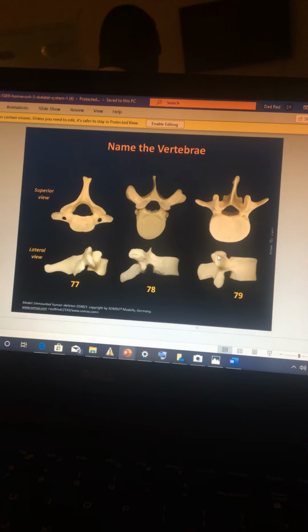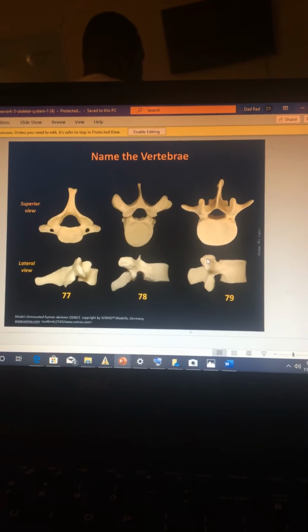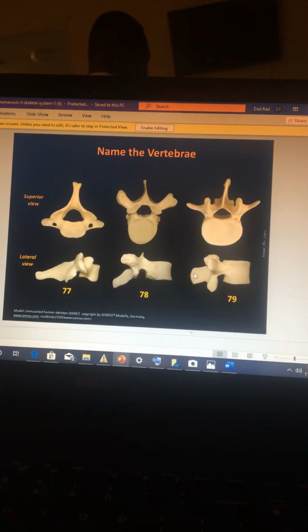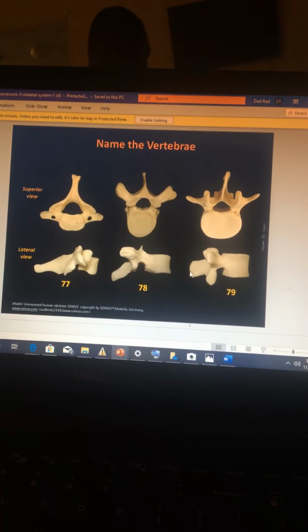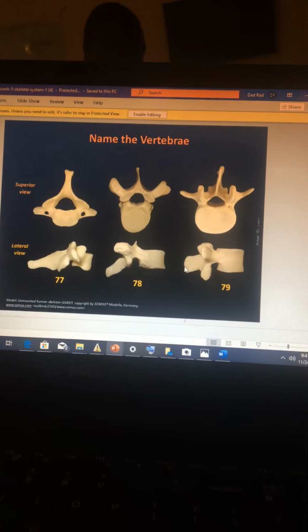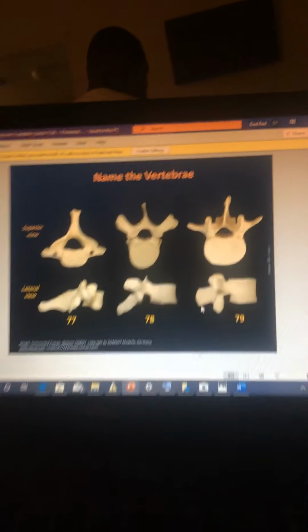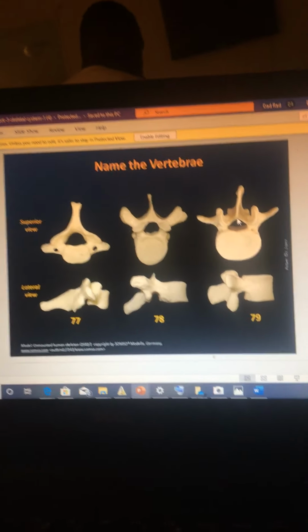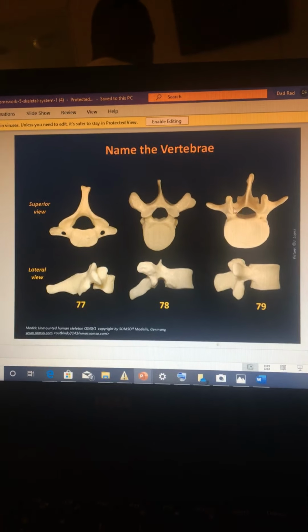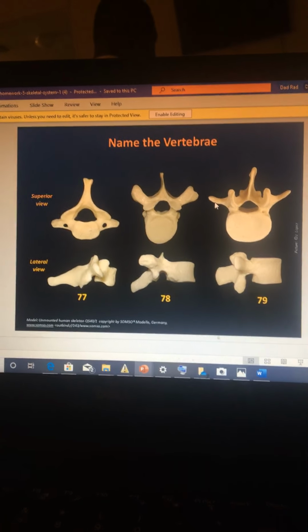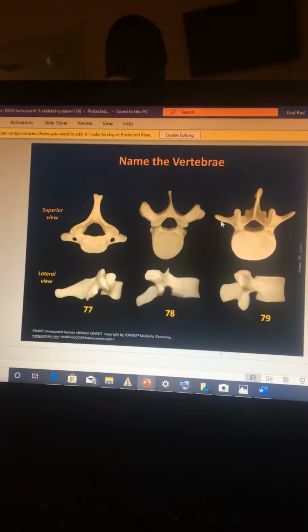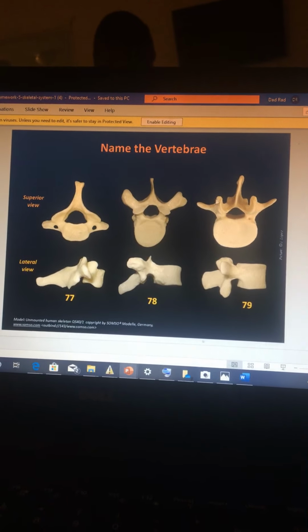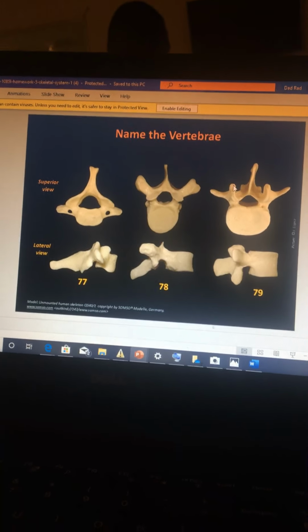This right here is the superior articular process. This right here is the spinous process. And then you also have over here the transverse process, along with, right here, the superior articular facet.